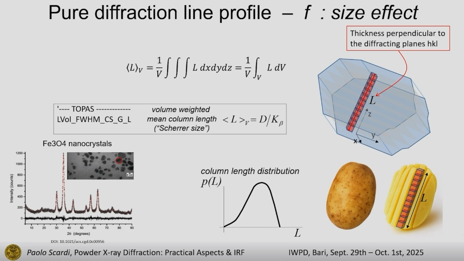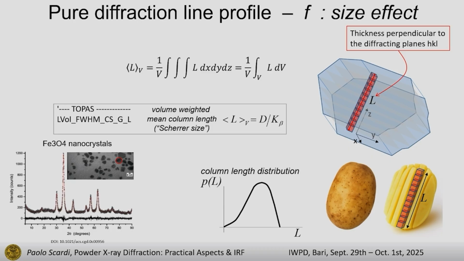And this volume-weighted mean column length is averaged over that distribution. Okay? So it's quite a complex thing, but just to tell you that it is not a sort of diameter of the particle. It's not so simple. It's volume-weighted. Okay, I hope I didn't shock you, but things are complicated.